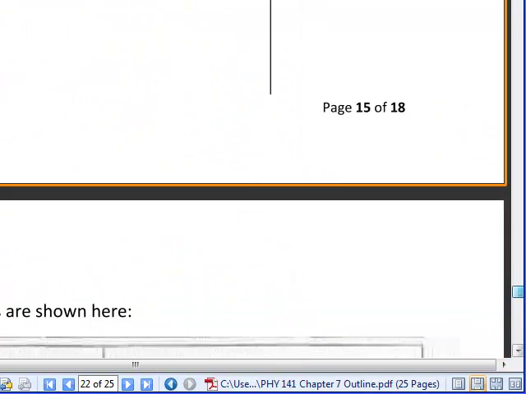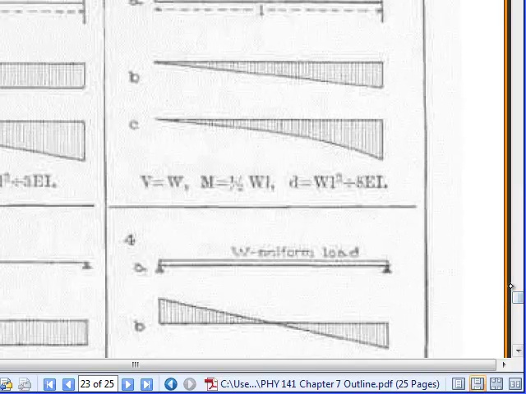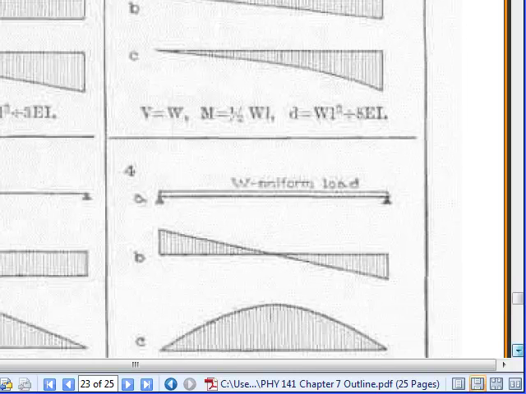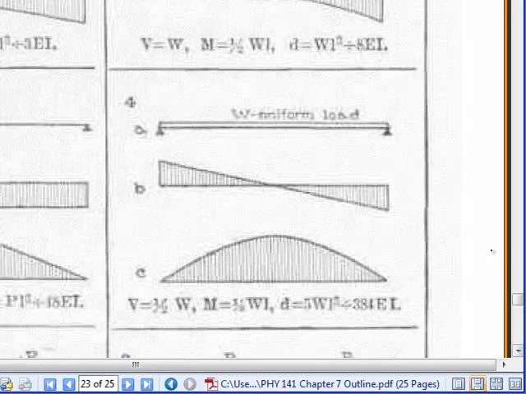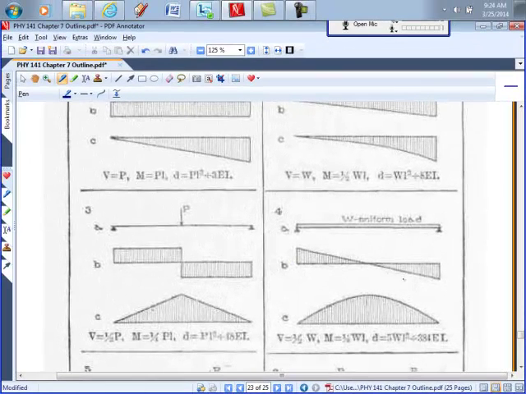If we look on the next page, this is a really old diagram out of a really old textbook. And our uniform load is actually this one, number 4. So here they're showing the shear diagram, which looks exactly like the shear diagram we had, maybe not as pretty.